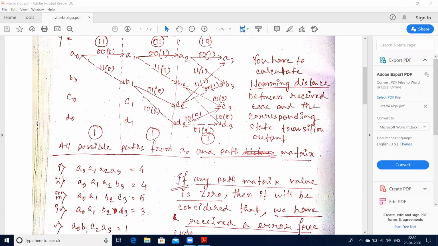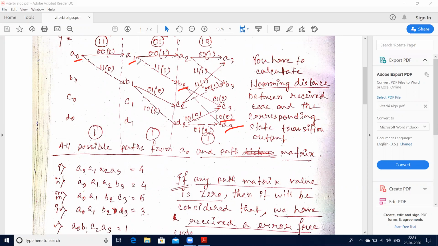For the next possibility, we are considering A0, A1, B2, and D3. So this is 3. You can calculate that from B2 to D3 the Hamming distance is 0.